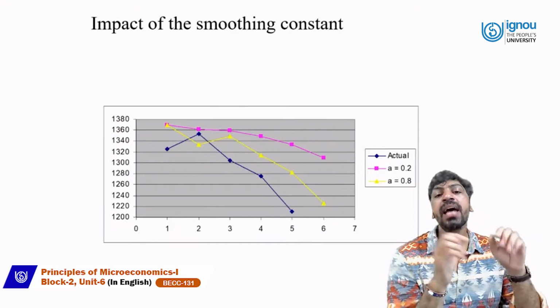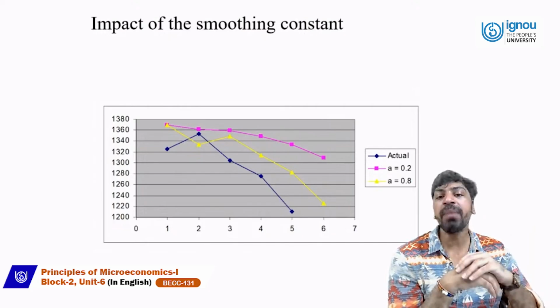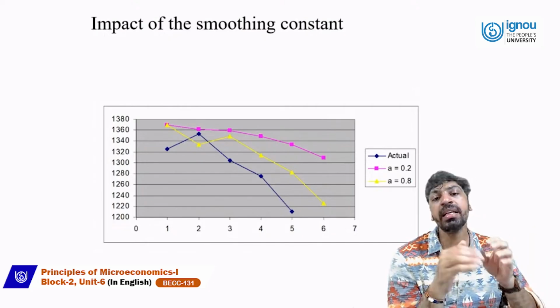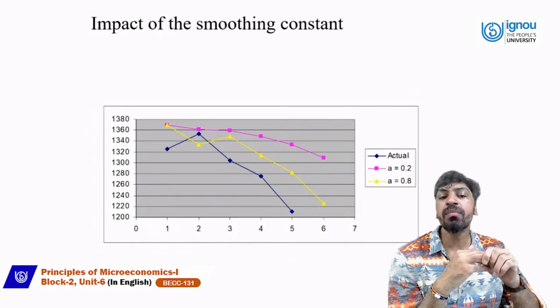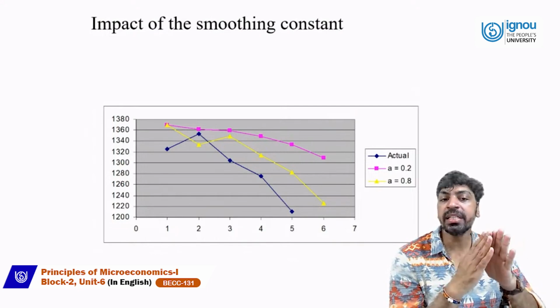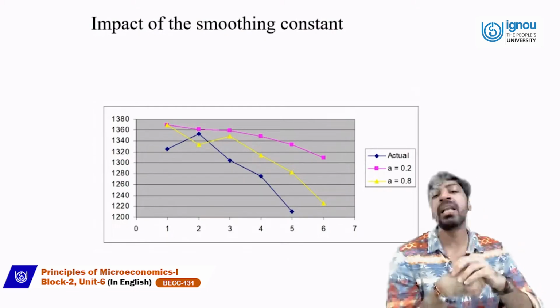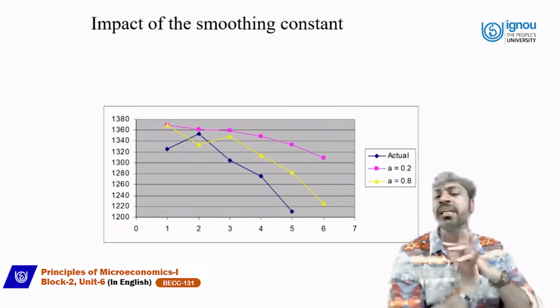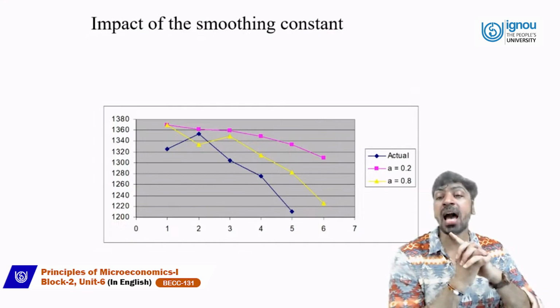If you look at the dot points in the pink line, it is steadily declining, and when you see the yellow line, it first declines, then goes up again, then declines frequently. Why does it decline so much? Because the alpha value is high.